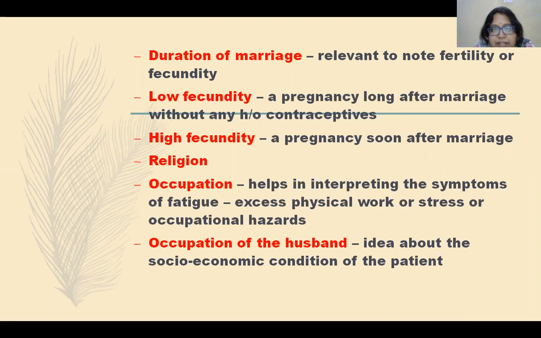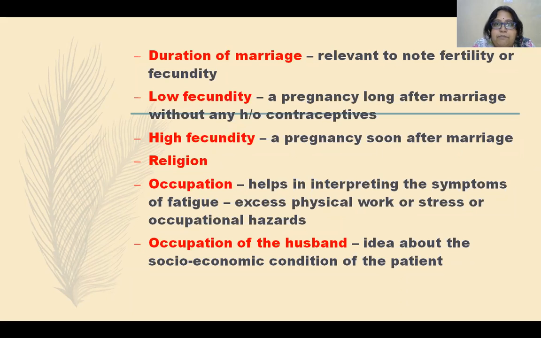This is termed as fecundity. Low fecundity is when the pregnancy occurs a long time after marriage, without any history of contraceptive use. Such a woman is considered to be of low fecundity, and she may not get pregnant often.